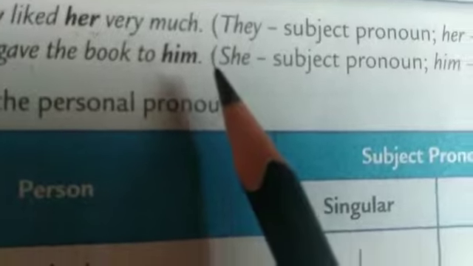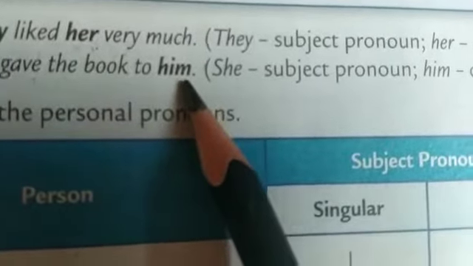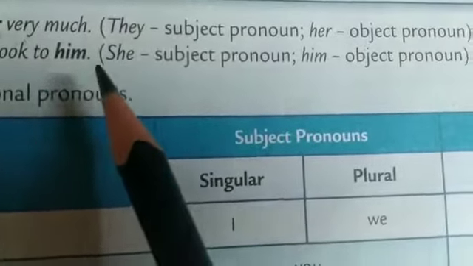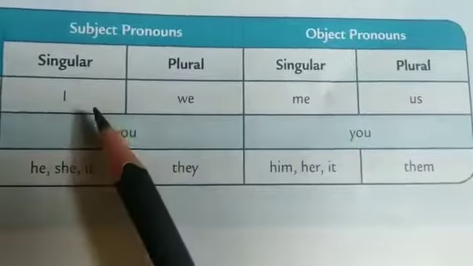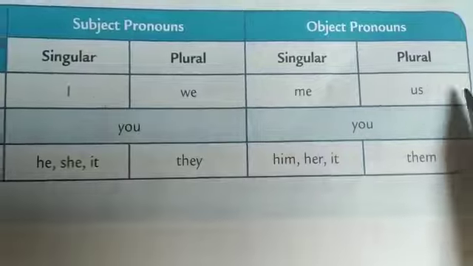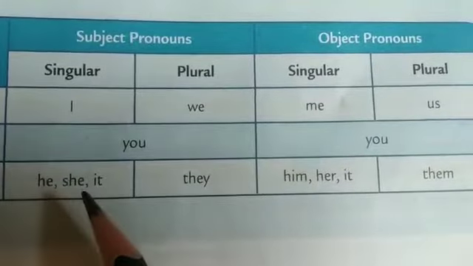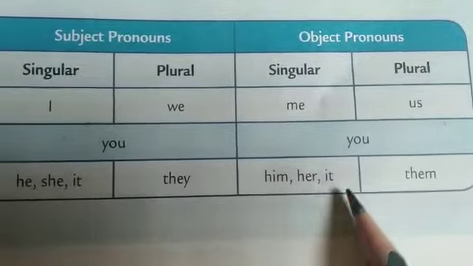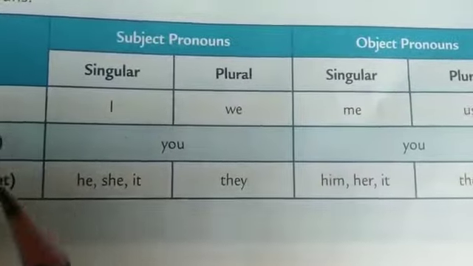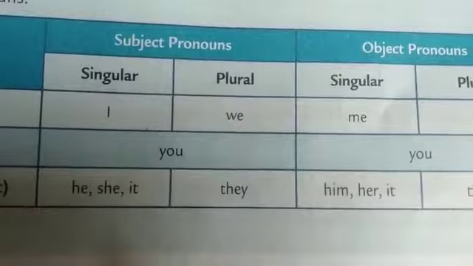And gave the book to him. Him is the object and here it's like the object pronoun. So I, we, me, us, you, he, she, it, they, him, her, it, them, they all are personal pronoun.